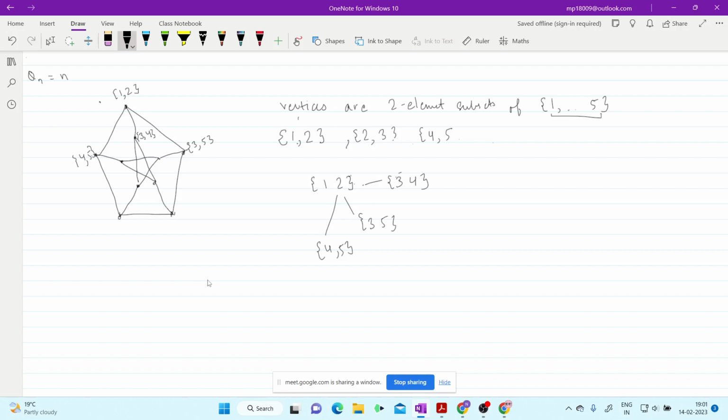Now 4 5 will be connected to what all sets? It will be connected to 1 2. Basically you have to look at two-element subsets whose intersection is empty. 4 5 intersection 1 2 is empty. The other possibilities are 1 3 and 2 3. So you will be able to label all these vertices in this fashion.